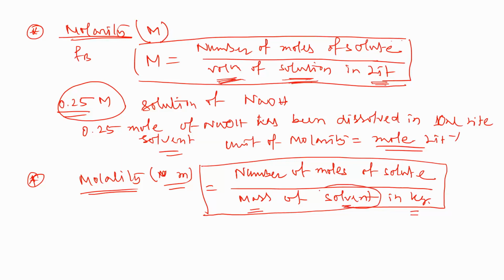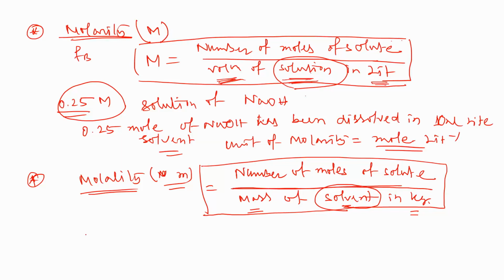Here is the solvent and here is the solution. Solution means solute is there and solvent is there. But when we are going to describe the molality, then we have to notice how much mole of solute is present per mass of the solvent in kg.